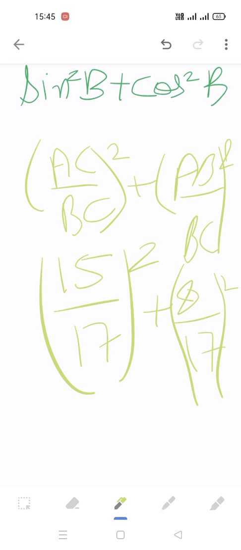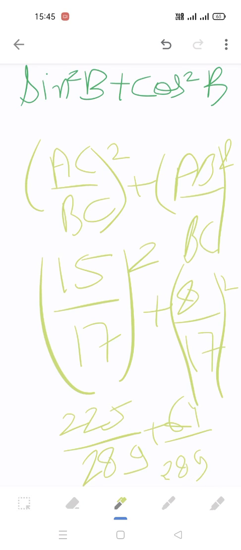Open the squares. 15 squared is 225, and 17 squared is 289, plus 8 squared is 64 and 17 squared is 289.